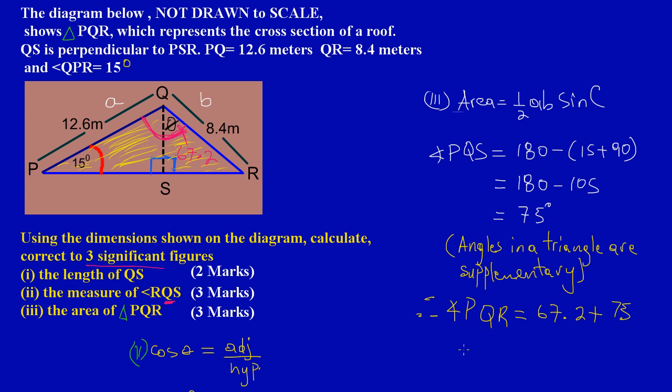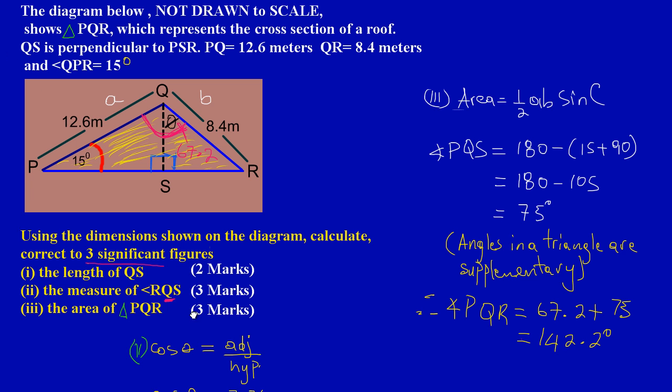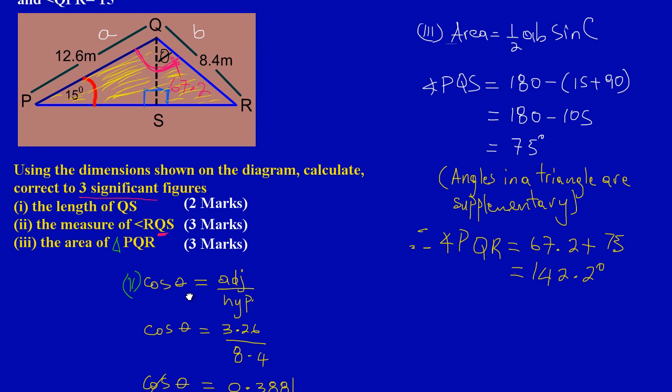Now this is equal to, and that would give us, well, 142.2 degrees in total. So let's pull this up a bit. I think we're going to need a little bit more space.